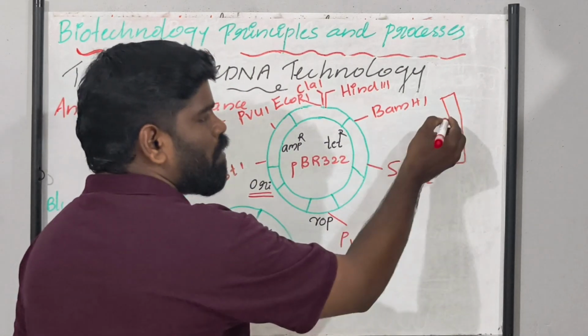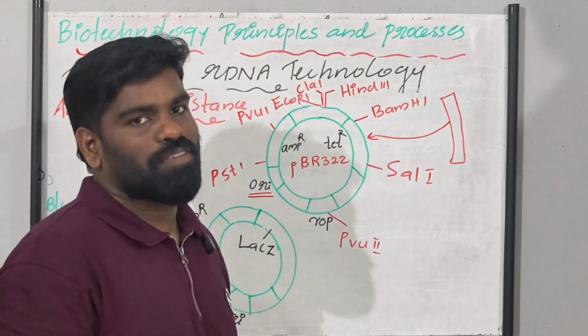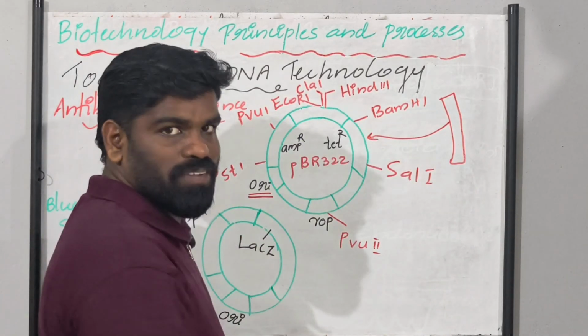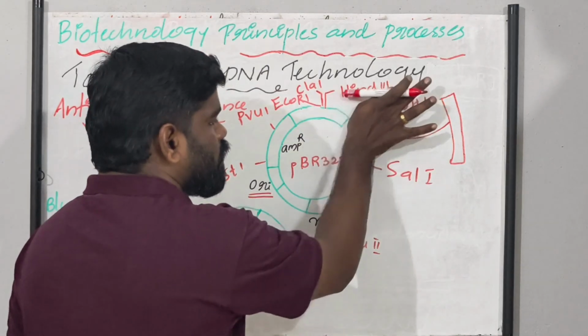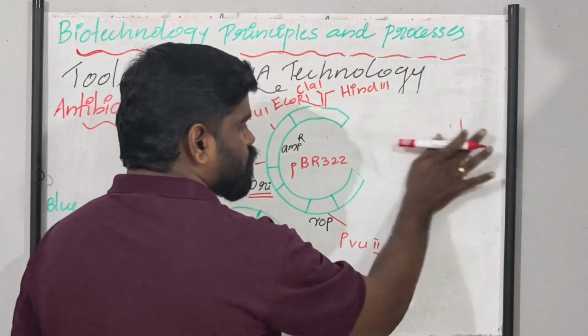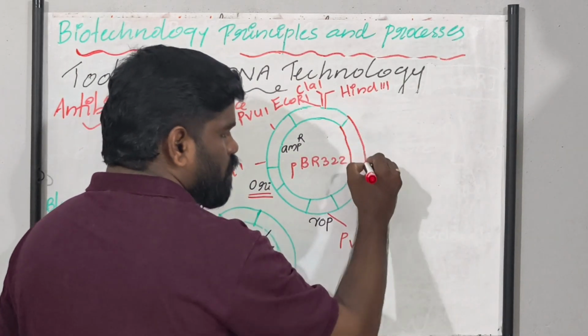So what will happen when we ligate the new fragment into the vector DNA at the BamHI site? Just imagine that we have ligated. Consider this as the new sequence.